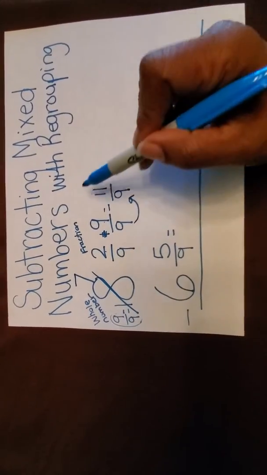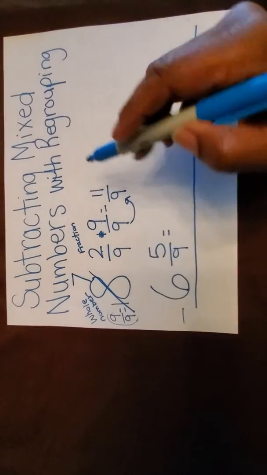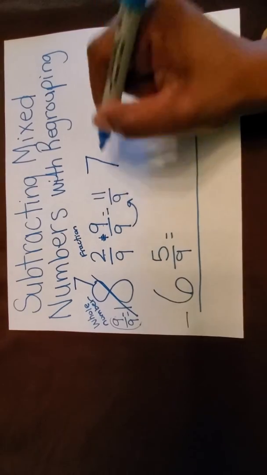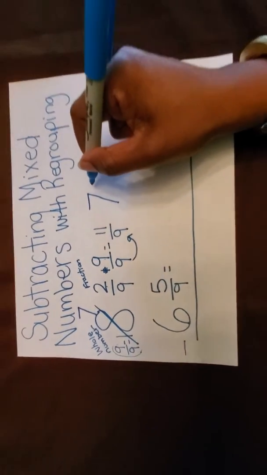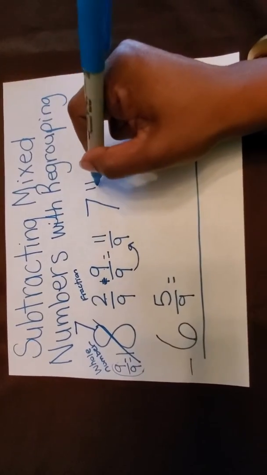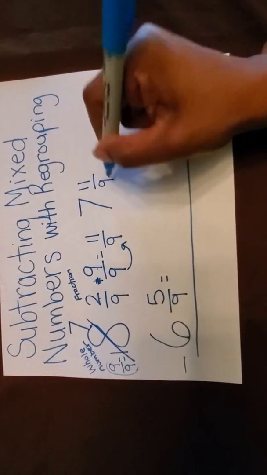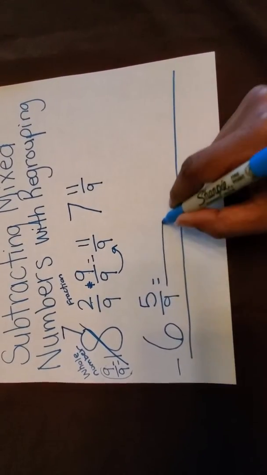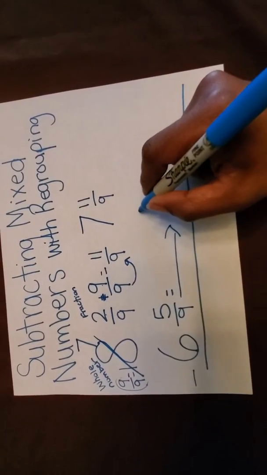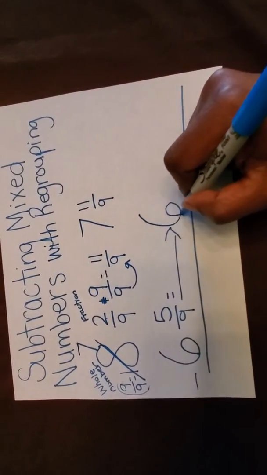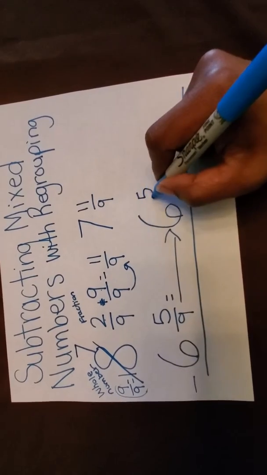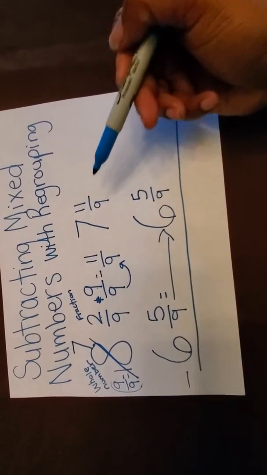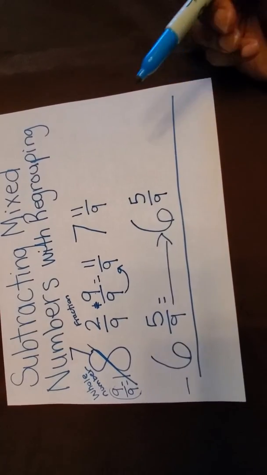So this is going to be your new fraction, and you're going to bring your whole number over. So now your new mixed number is 7 and 11 ninths. And you're going to take this mixed number and bring it right over. This did not change. 6 and 5 ninths. And now you're ready to subtract.